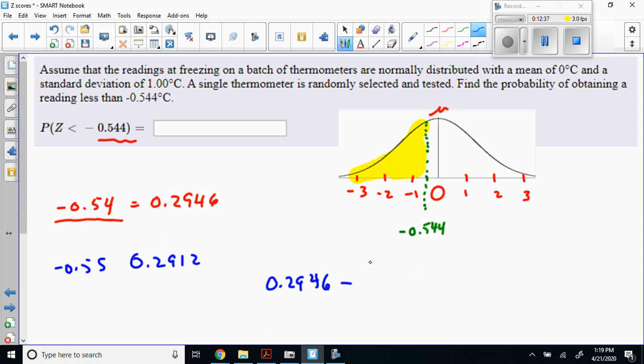Minus, yeah, because that'd be the bigger, 0.2912 divided by 10. I'm just wondering if they are doing this. Yeah, I took these off, so you don't really have to worry about this, but I never did consider this.